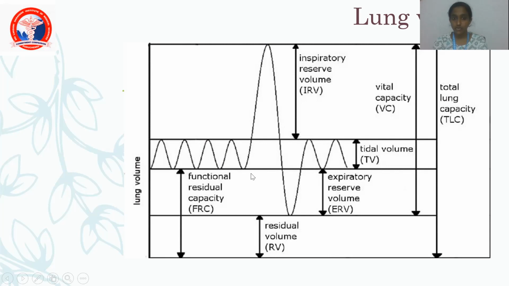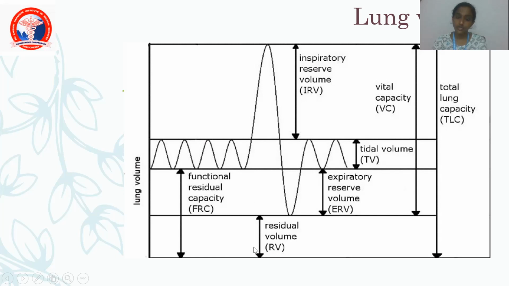The maximum volume of air that can be exhaled after a normal tidal volume is the expiratory reserve volume. Please follow my cursor wherever I'm moving. This is the expiratory reserve. When we add tidal volume with the expiratory reserve volume, this whole length becomes the expiratory capacity. When you add inspiratory reserve volume, tidal volume, and expiratory reserve volume, this whole length becomes the vital capacity.